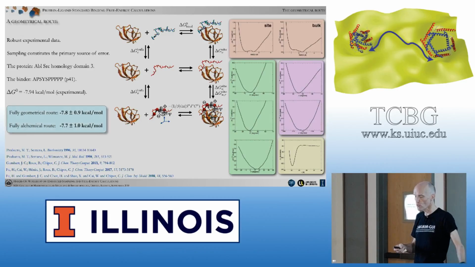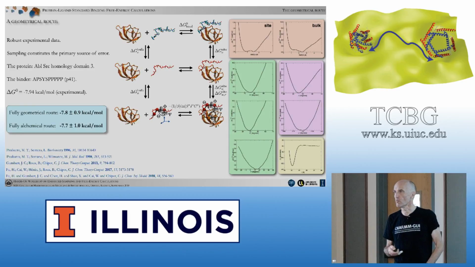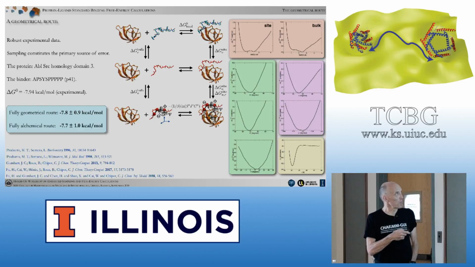Basically, you sweep the force field under the rug, and you use a peptide as a ligand. So it's a protein-peptide interaction, with the leap of faith that the CHARMM force field is doing a pretty good job with proteins and peptides, which is the case. So sampling is definitely the primary source of error in this case.